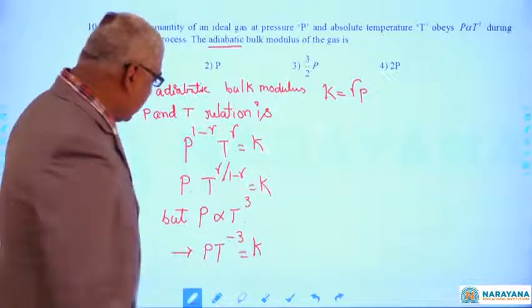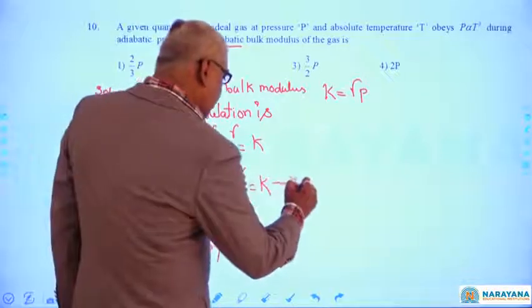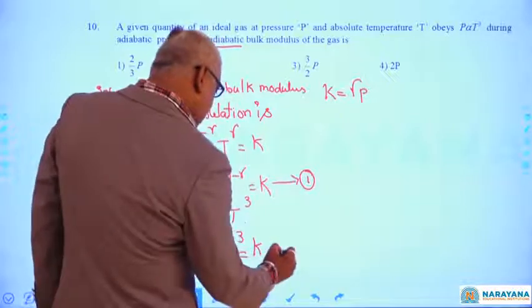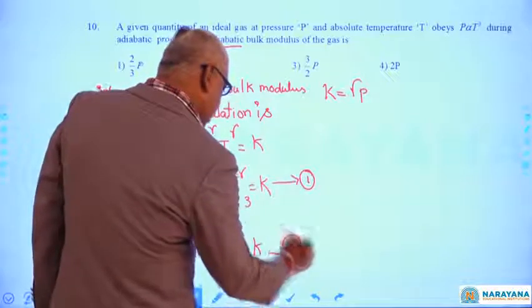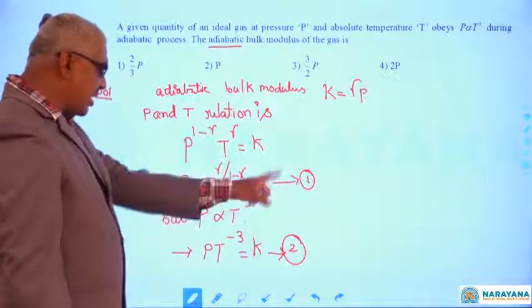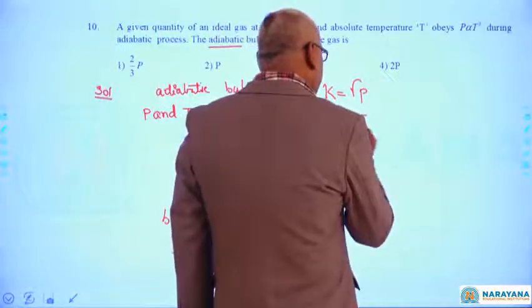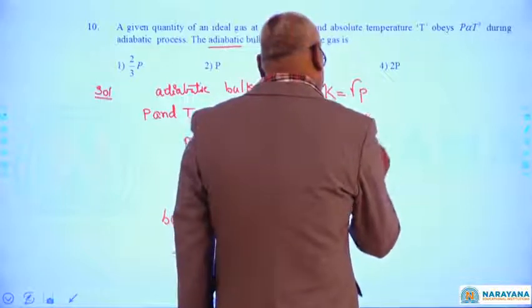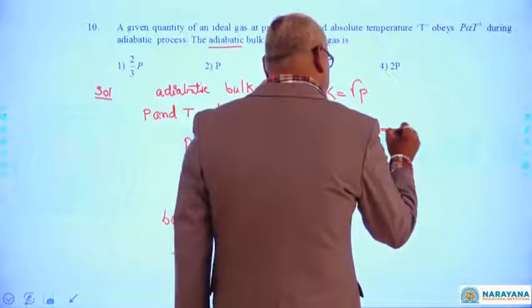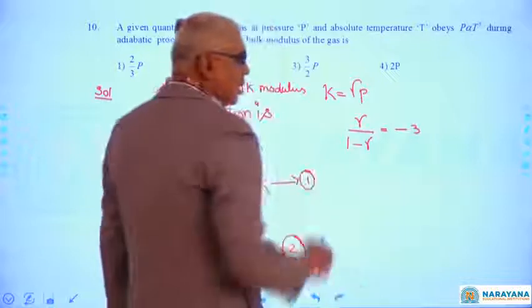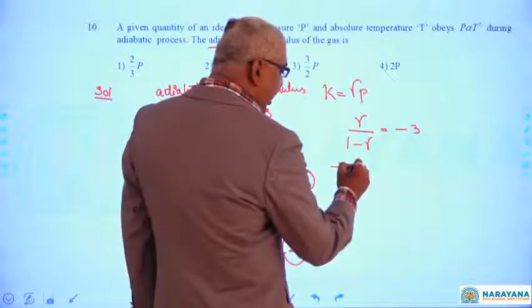Compare now the first equation and the second equation. What will you have? Gamma by 1 minus gamma is equal to minus 3. Cross multiply, what are you going to get?